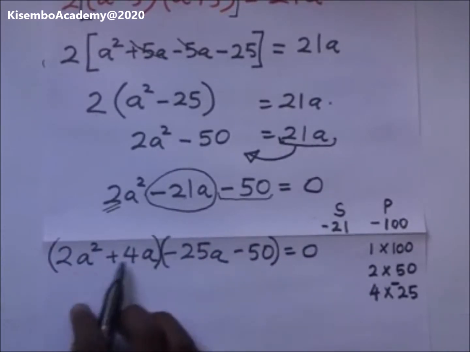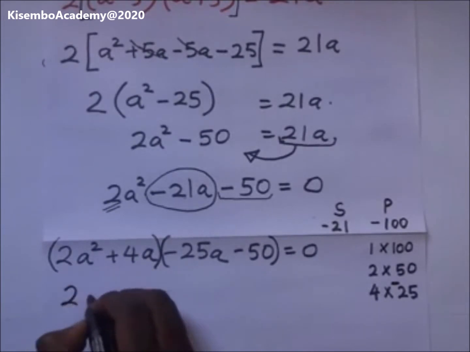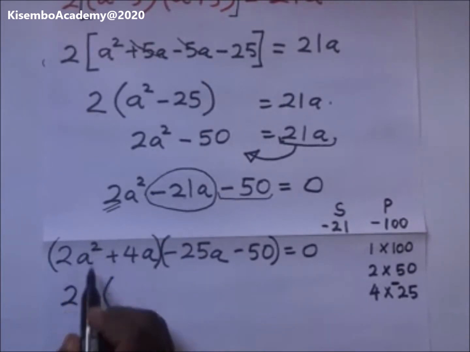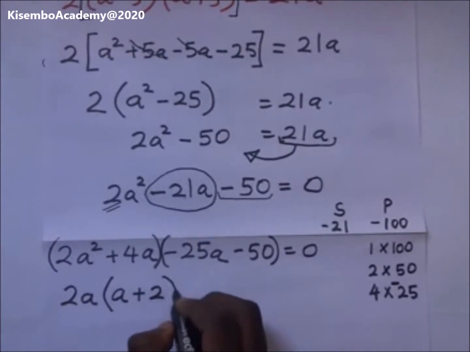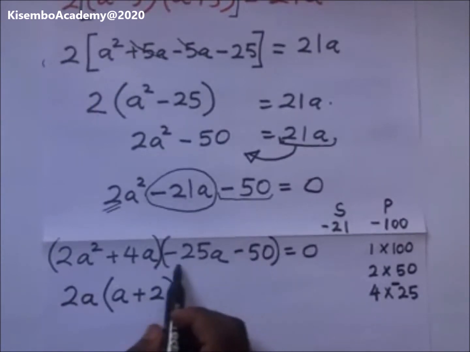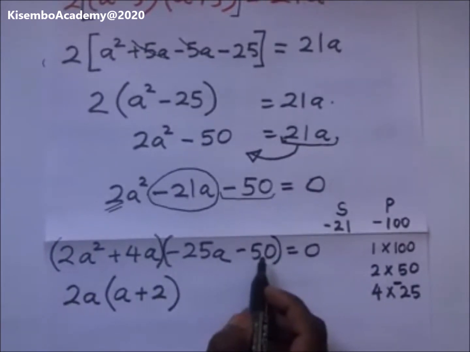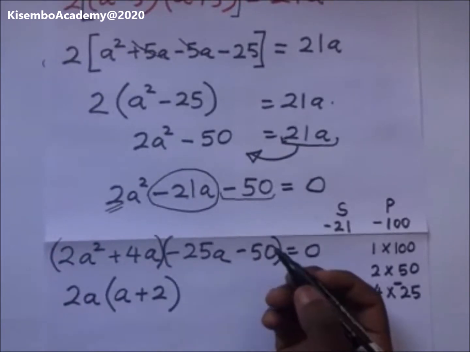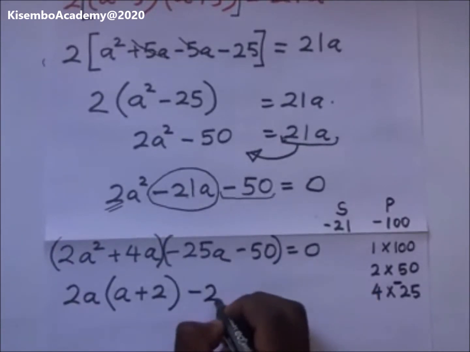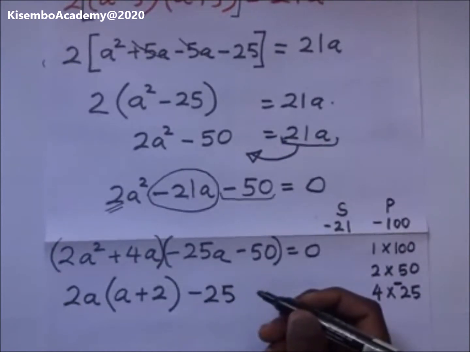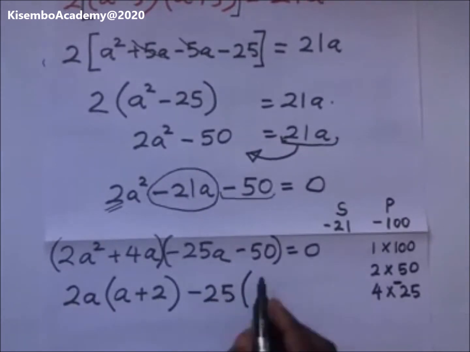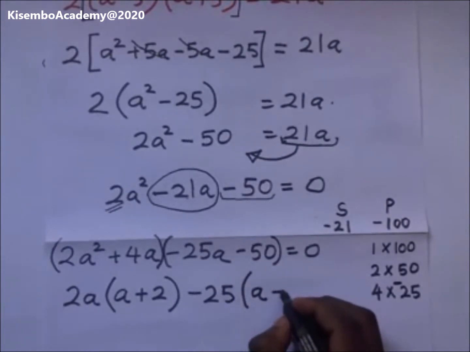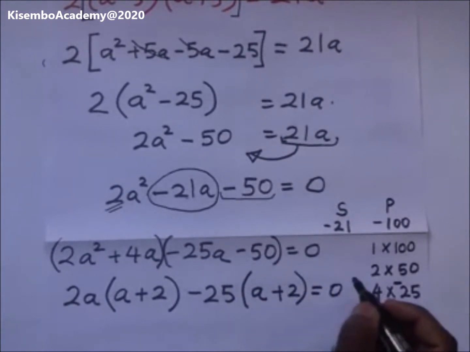The common factor here is 2a, so we put 2a outside the brackets: 2a squared divided by 2a is a, plus 4a divided by 2a is 2. Then the common factor here is 25, so we put negative 25 outside the brackets. Negative 25a divided by negative 25 will give us a. Negative 50 divided by negative 25 will give us positive 2, is equal to 0.